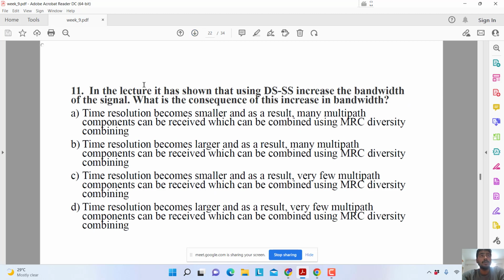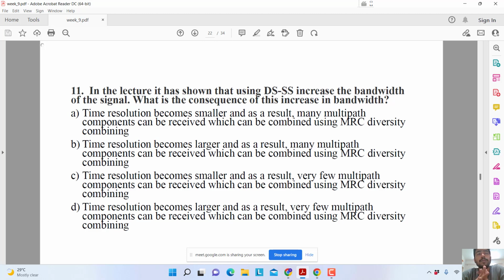Next question is 11, and question is in the lecture it has been shown that using DSS increases the bandwidth of the signal. What is the consequence of this increase in bandwidth? How does this scheme increase the bandwidth?